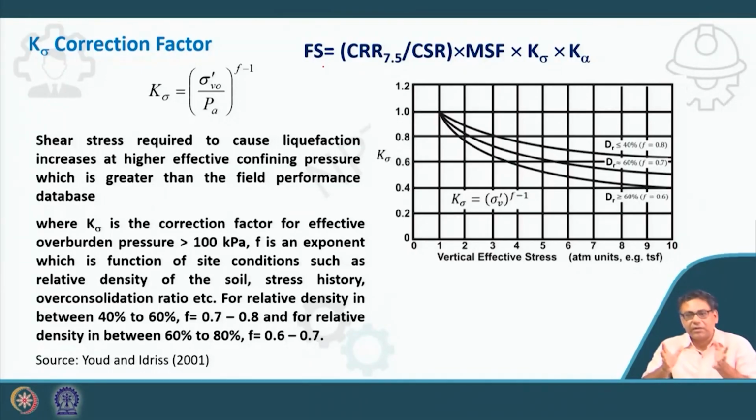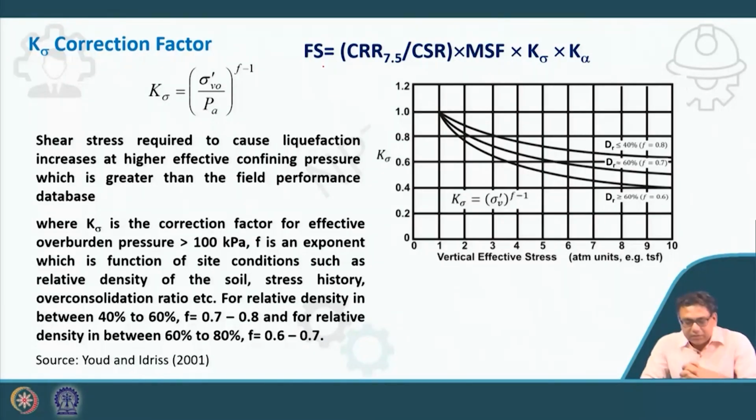So that is your factor of safety. And if your moment magnitude is 7.5, then no magnitude scaling factor or correction factor is required. That will be 1. But two other correction factors are required for two special cases.